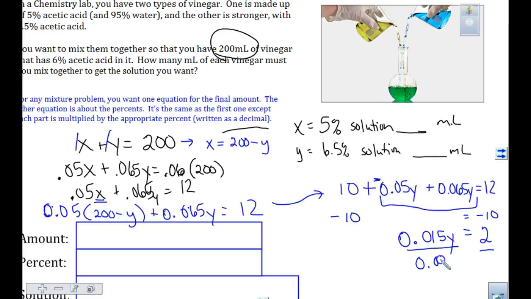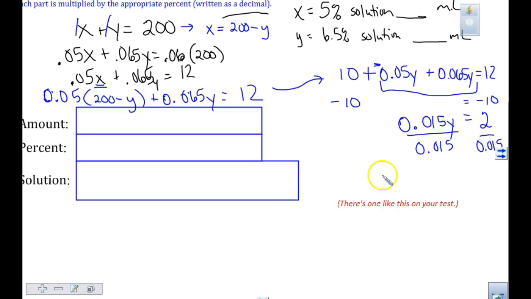And so when you divide by 0.015, and you definitely do want your calculators for this, what did we get for our y? 133.3 repeating. 133 1/3, we could say, milliliters, right? That was what y was equal to.